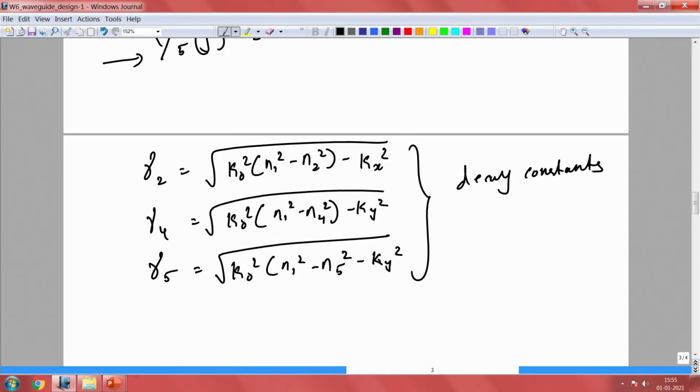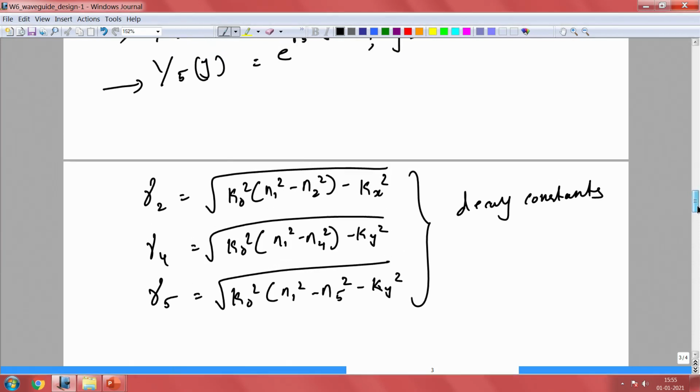So as we already discussed in the earlier lectures, this decay that you see from the interface, right, it follows this gamma factor, and this gamma strongly depends on the refractive index contrast between the two, right. It could be n1 to n2 or n1 to n4 or n1 to n5.